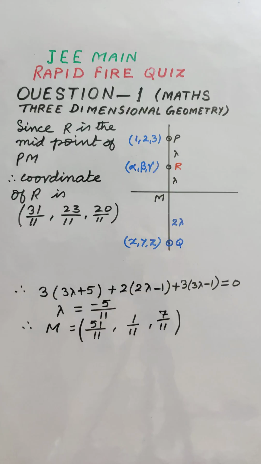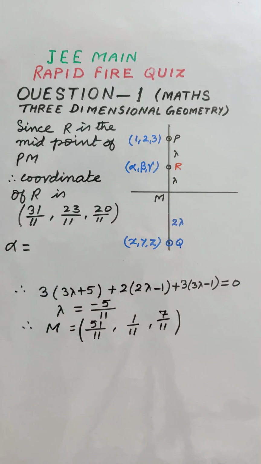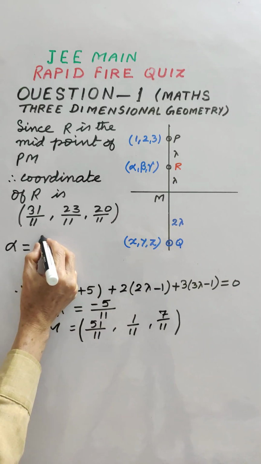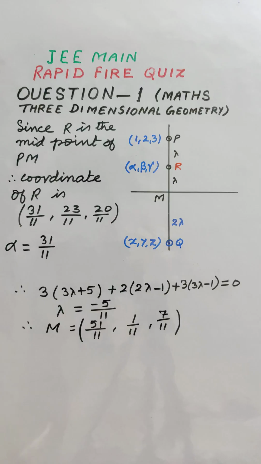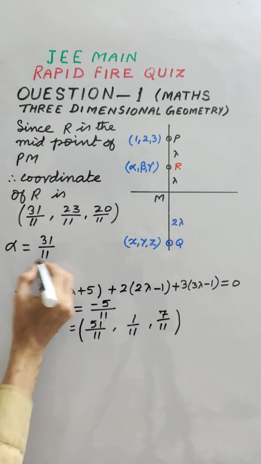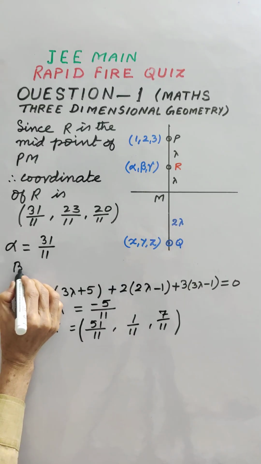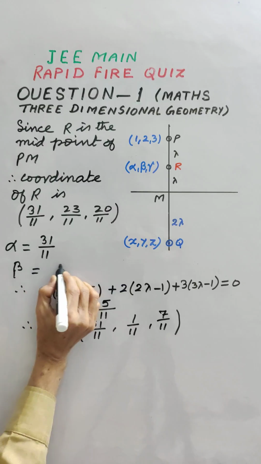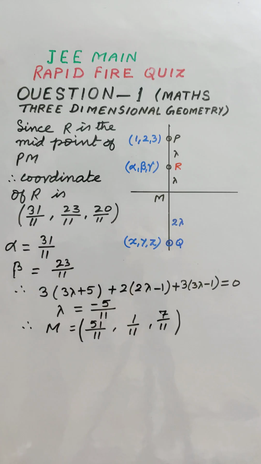So this way alpha is equal to 31/11. Comparing this with alpha, beta, gamma, beta is equal to 23/11 and gamma is equal to 20/11.